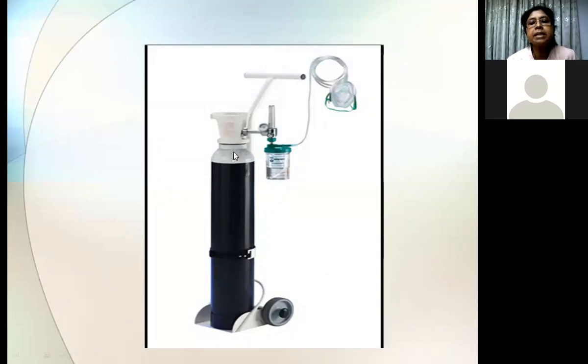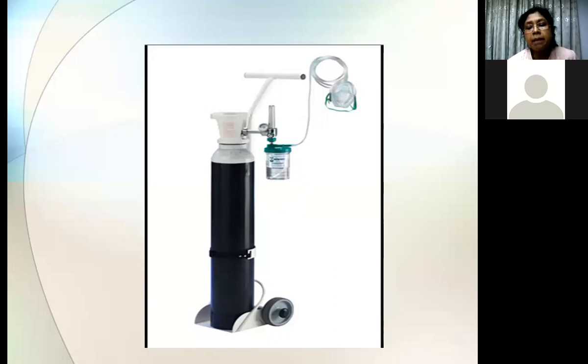When a patient needs oxygen, we give in a cylinder, and it has a flow meter. It has a water bath where you humidify this dry oxygen, and it goes through this tubing into the mask, and the patient can breathe from that. So this is a very simple way of giving oxygen to a patient in a ward.